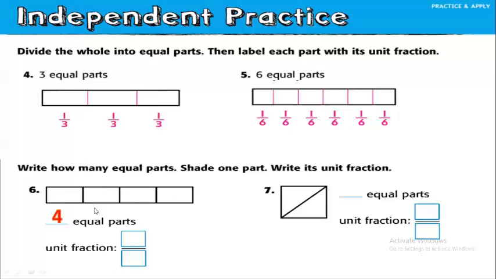As we said, for a unit fraction the numerator is 1 and the denominator will be the number of equal parts, 1 over 4. Here, how many equal parts? 1, 2. We have 2 equal parts and the unit fraction will be 1 over 2. We can read it as 1/2.